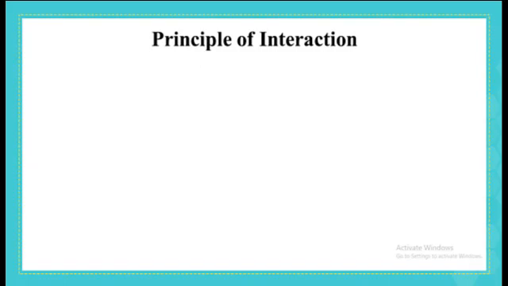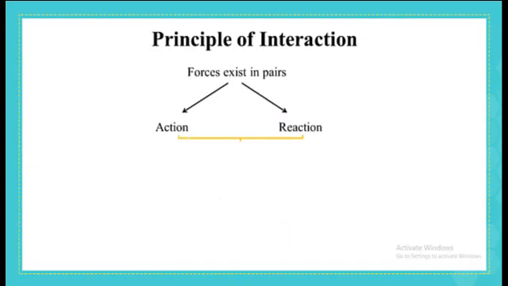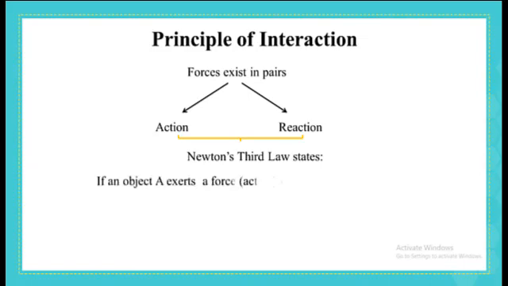So the first point to be covered is about the principle of interaction. As you have seen, forces exist in pairs. For every action, there is a corresponding reaction. This principle was stated by Newton in his third law, which states the following.